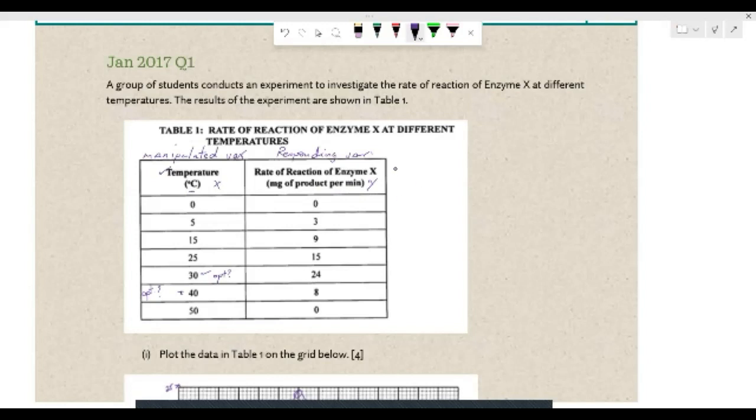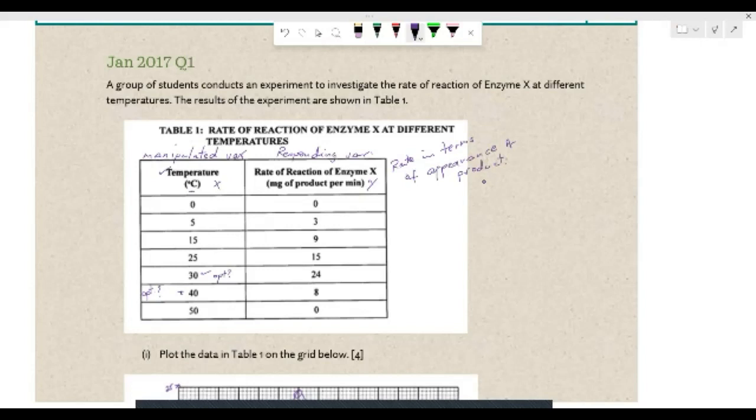So we are measuring rate in terms of appearance of product. Because when we are doing these kinds of experiments, there are two main ways we can collect our data. We're looking for appearance of a product, or we're looking for disappearance of a substrate.